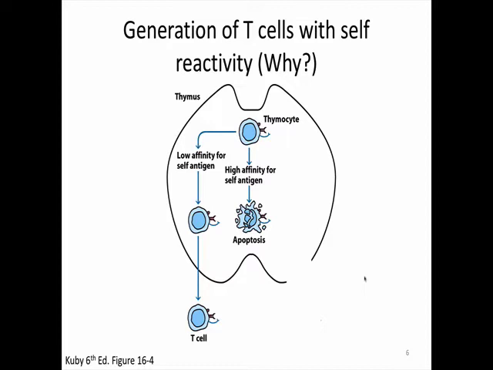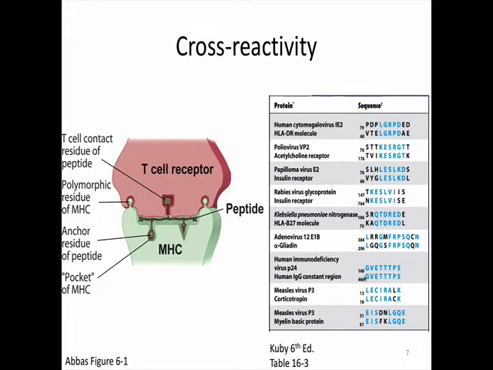And it turns out the answer to some of the questions that you wanted to know at this moment actually are signal 2. The reason why this works is because of this process called cross-reactivity. So we have lots of self-proteins that are very similar to the epitopes from different pathogens.